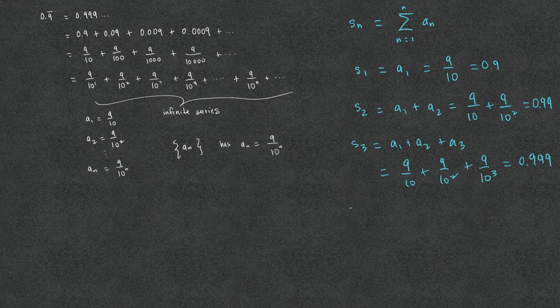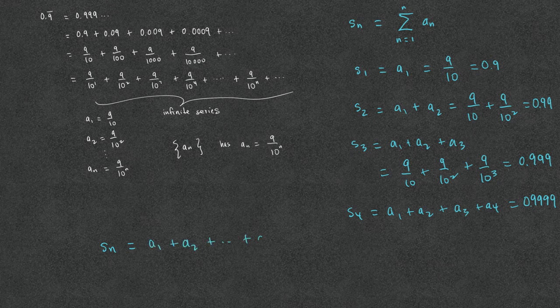S sub 4 is the sum of the first four terms, a sub 1 plus a sub 2 plus a sub 3 plus a sub 4, and this is 0.9999.